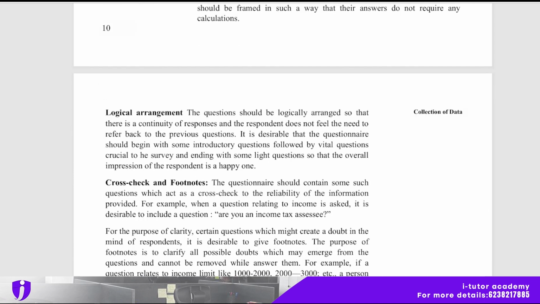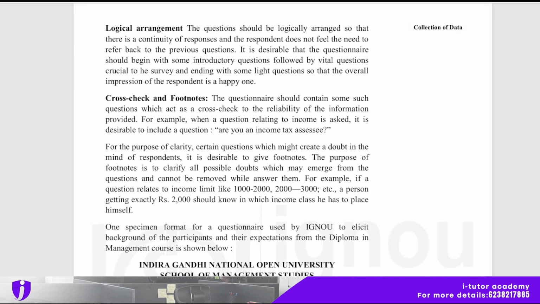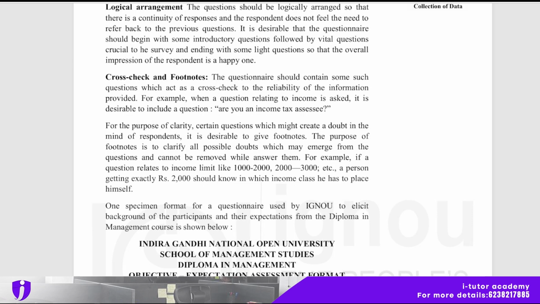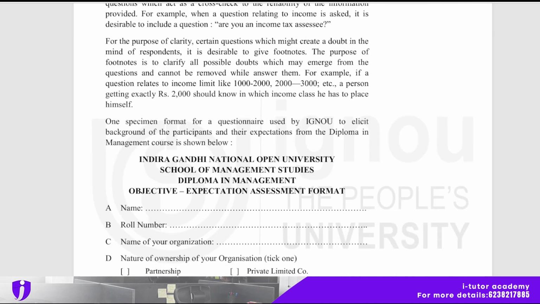Logical arrangement: the questions should be logically arranged so that there is a continuity of responses and the respondent does not feel the need to refer back to the previous questions. Cross-check and footnotes: the questionnaire should contain some questions which act as a cross-check to the reliability of the information provided. An example is also there.